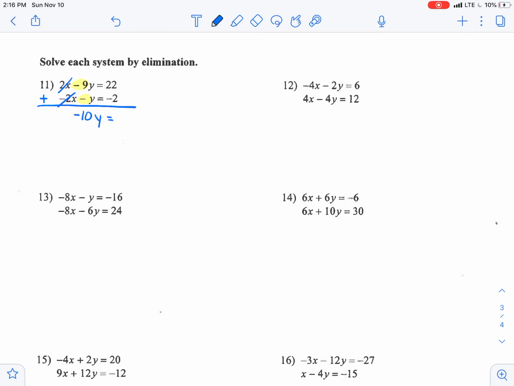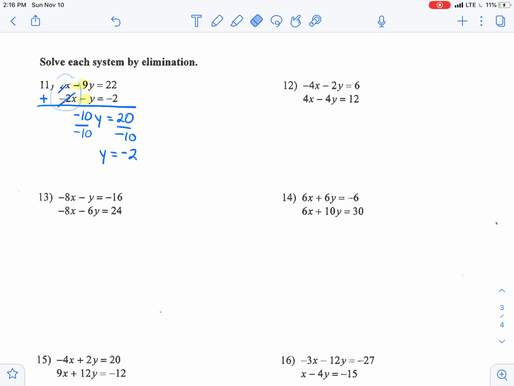And then I take my 22 minus 2, and I get 20. Okay, so again, your x's here have eliminated. That's what I want to happen every time. So I'm going to go ahead and divide both sides by a negative 10, because now we just have an equation to solve, and I get a negative 2.